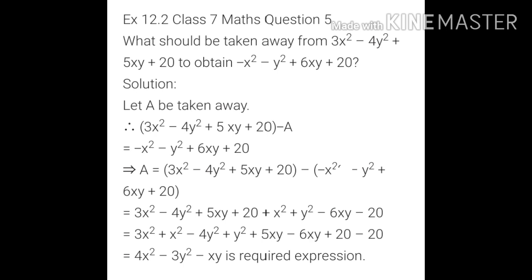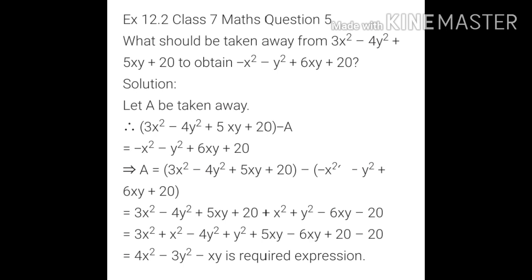Now grouping like terms together: 3x square plus x square, minus 4y square plus y square, plus 5xy minus 6xy. At the end, plus 20 and minus 20 will make 0. So 4x square minus 3y square minus xy is the required expression.